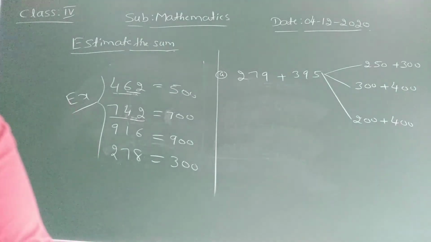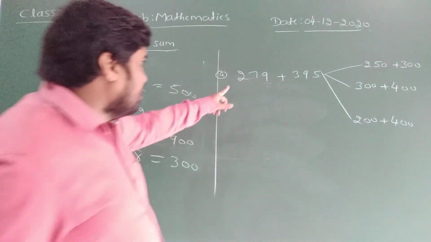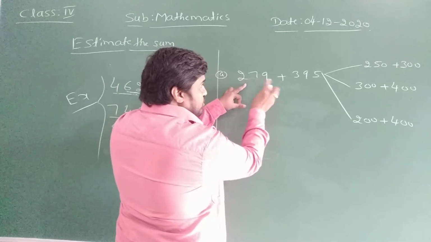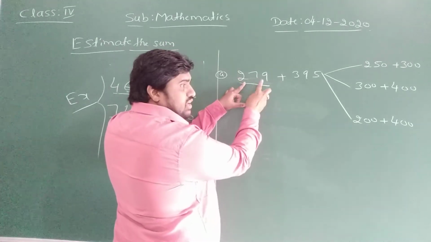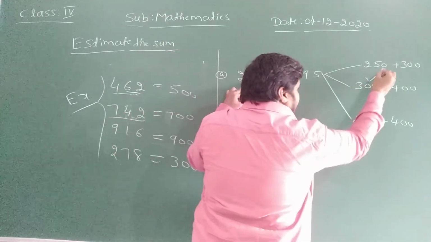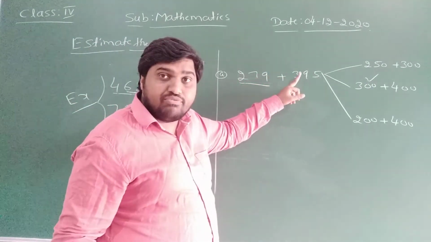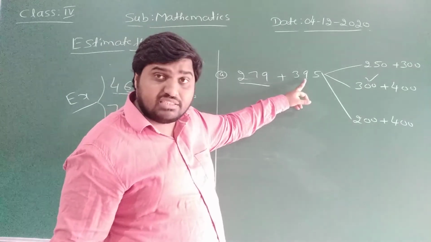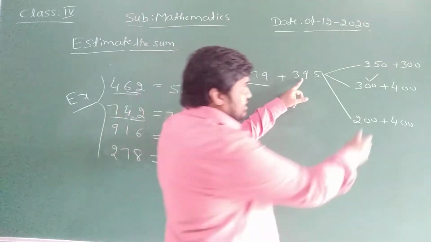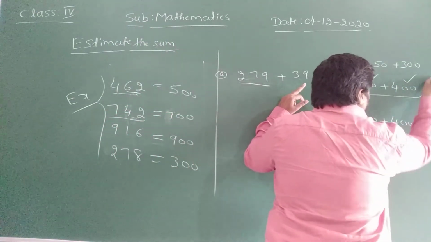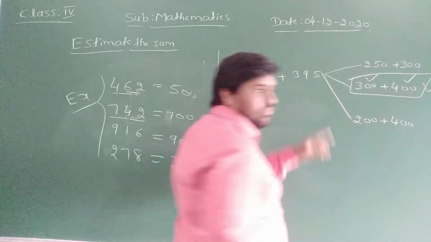First of all, 279 is more than 250. Therefore, how to estimate? 300. Now, 395 is more than 350. Therefore, we have to estimate it to the nearest 100, that is 400. Therefore, this box is the correct one.